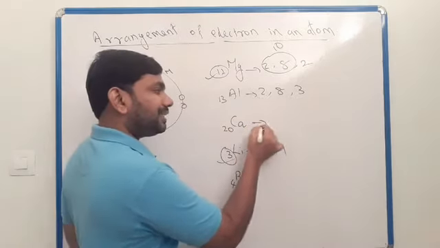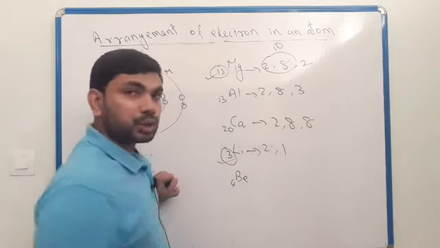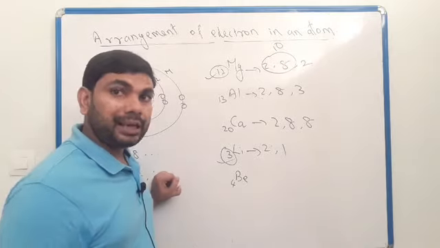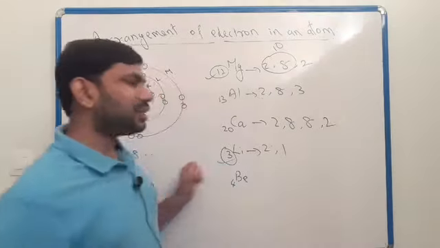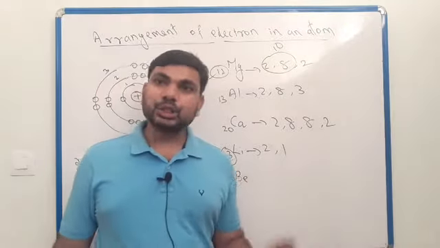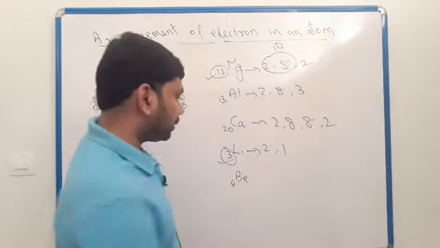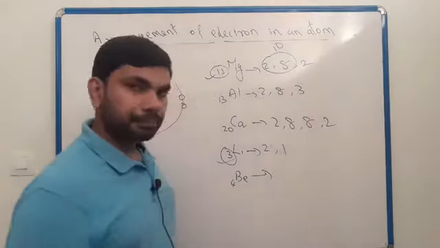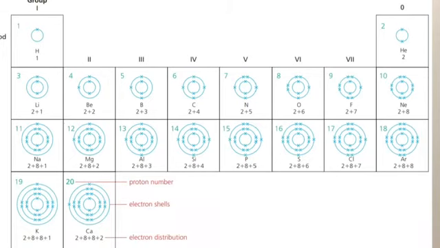Calcium has 20 electrons: 2, 8, 8. 2, 8, 8 means 18. How many are left? 2 more. So calcium is 2, 8, 8, 2, making 20 electrons. Clear? Last one, beryllium, atomic number 4, so 2, 2.